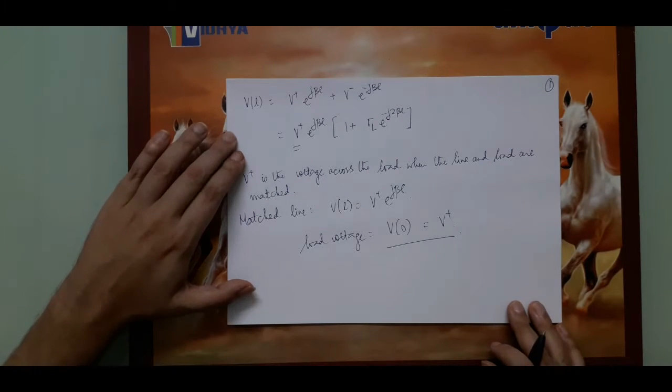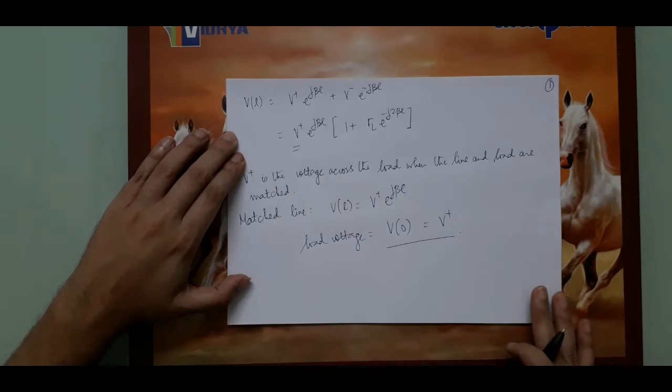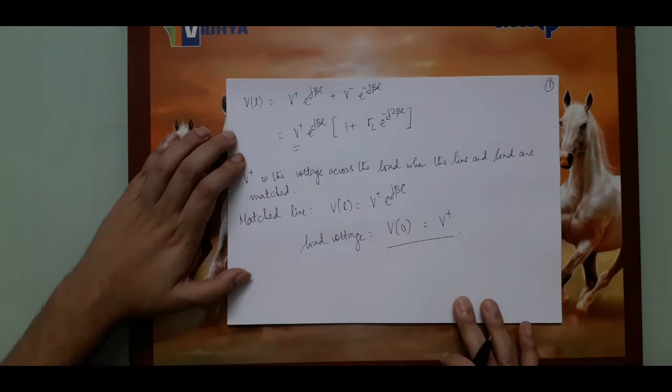The question now is, how do we measure this quantity practically? To measure this practically, you can have a transmission line with a matched load, and then you can simply measure the voltage across the load.